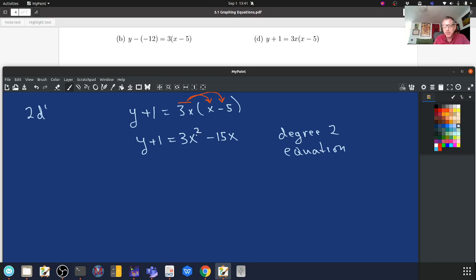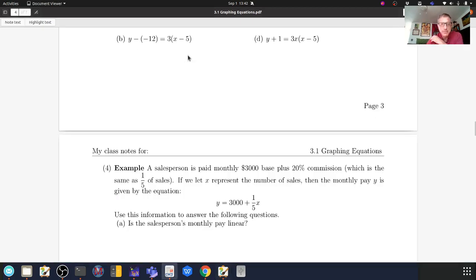And linear equations are always degree 1 equations, and there is no algebraic trickery I can do that will convert this into a linear equation. So, not linear. Our conclusion is not linear. It's an important equation, and you'll be seeing some of that later on, but it's not a linear equation.